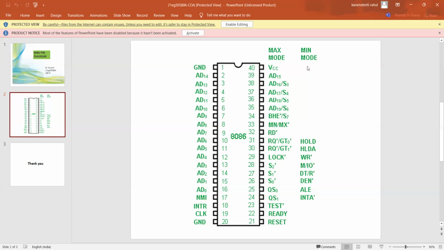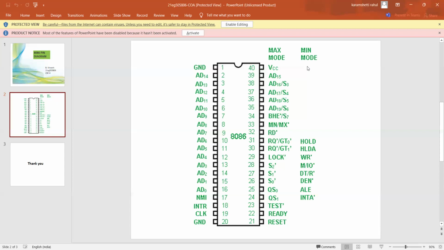DEN is a data enable. That means that data is ready in the bus. And DT/R, data transmit or receive: if this pin is 1, then data is to be transferred, or if it is 0, then data is received.